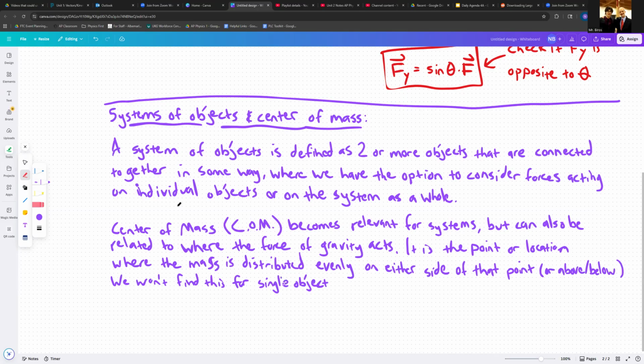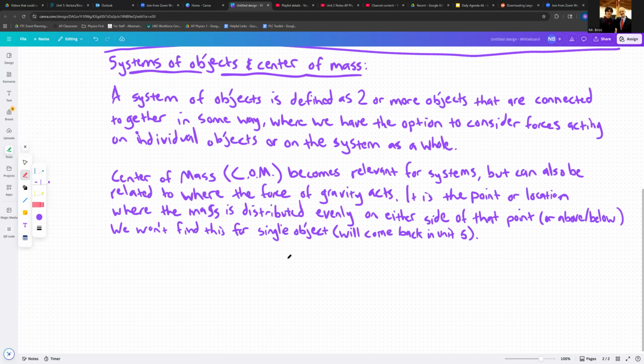But we will come back to this in Unit 5, when we look at a single object with a center of mass and where the force of gravity acts for that object based on the center of mass, when it comes to finding torques. For single objects, we're not going to worry about calculating the center of mass of a bowling pin or something like that.